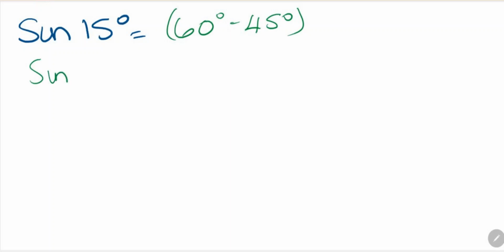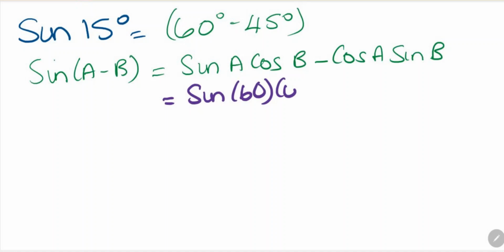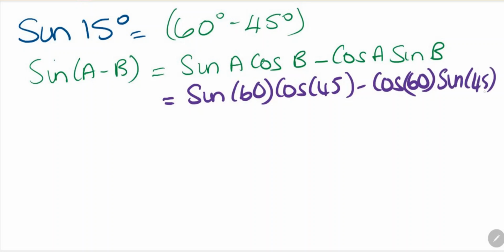So sine of A minus B is sine A cos B minus cos A sine B. And we'll do sine 60 cos 45 minus cos 60 and sine of 45.